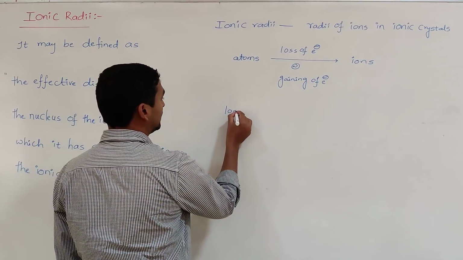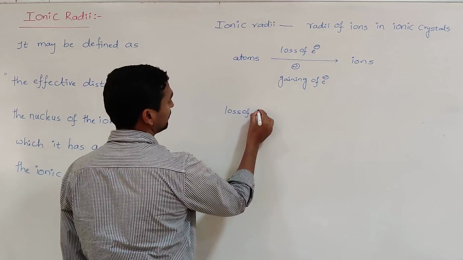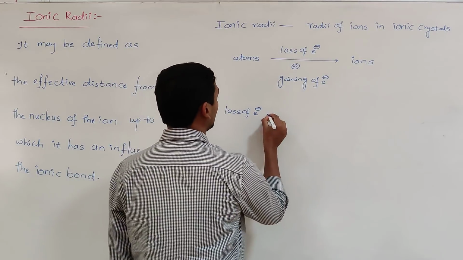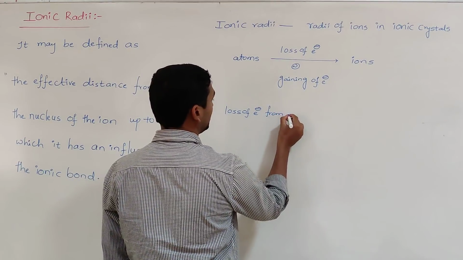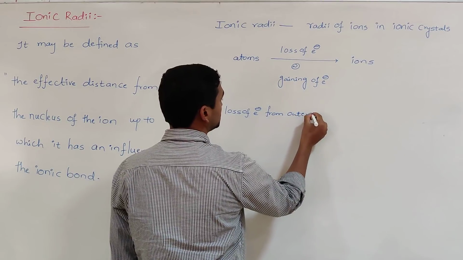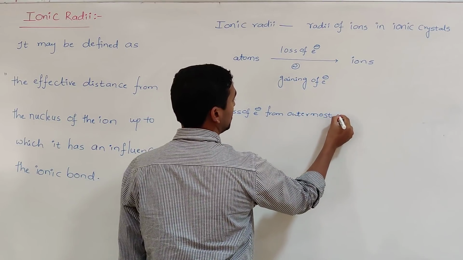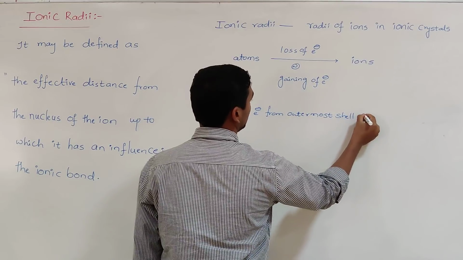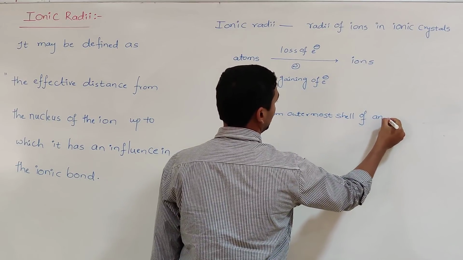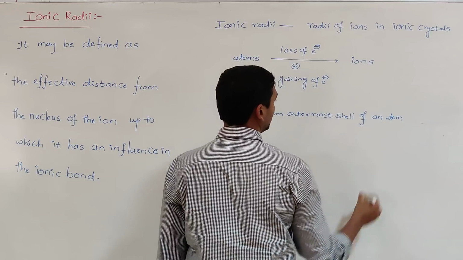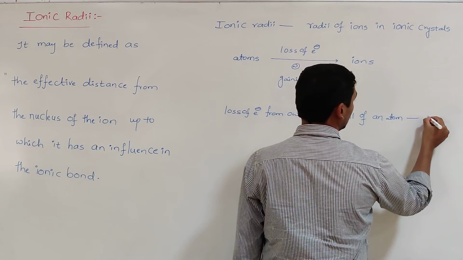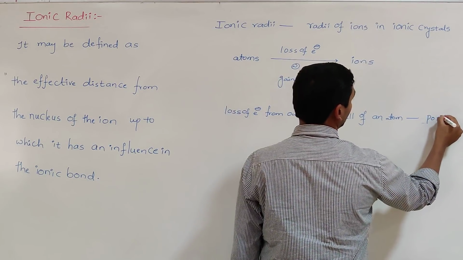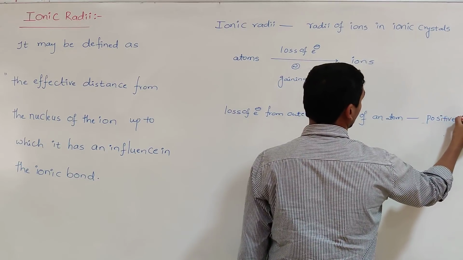Loss of electrons from the outermost shell of an atom results in a positive ion.